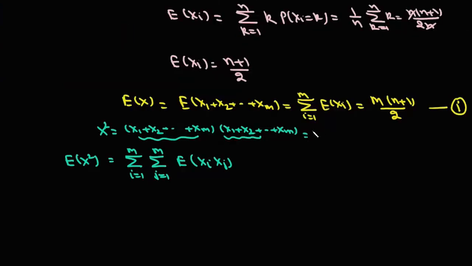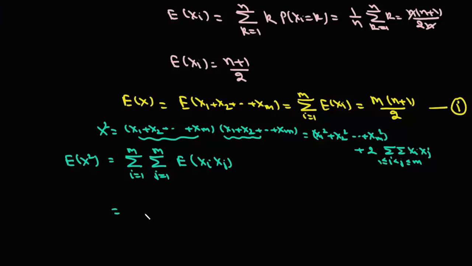We'll get this as x1 square plus x2 square plus up to xm square, and then 2 times all these products xi into xj, where i is less than j, j is less than or equal to m, and i is greater than or equal to 1.